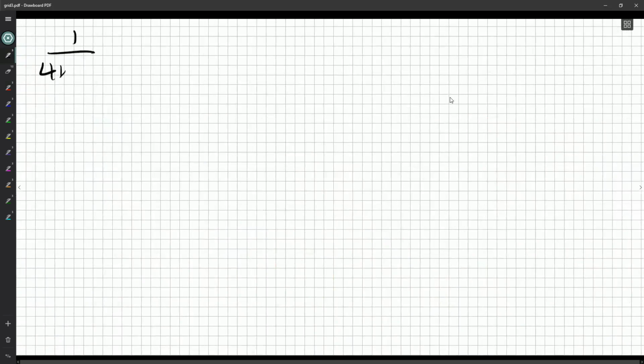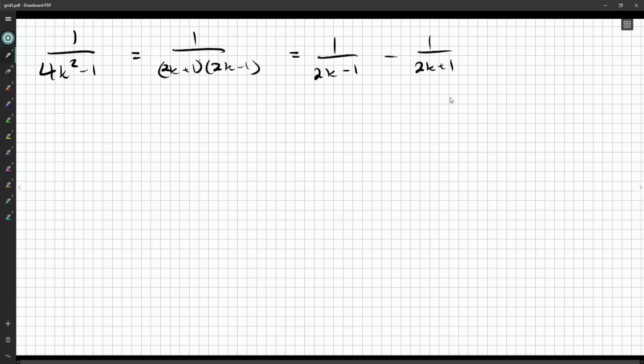1 over 4k squared minus 1 is 1 over (2k plus 1)(2k minus 1). And this can actually be broken up into a difference of, it's not quite these numbers. What is it? It's 1/2 times 2 over (2k plus 1)(2k minus 1).